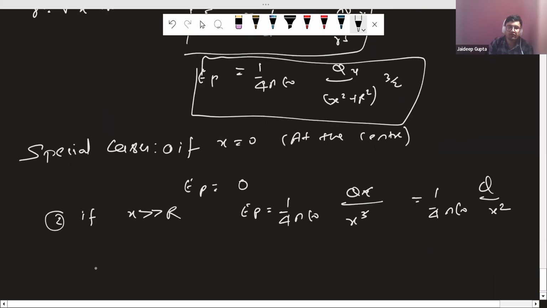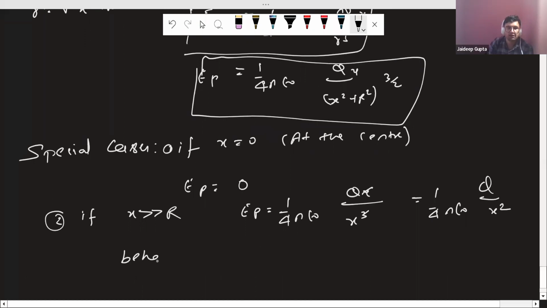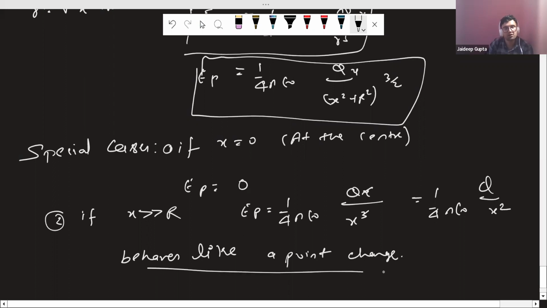So if the distance is much greater than the radius of the ring, then this ring behaves like a point charge. Fine.